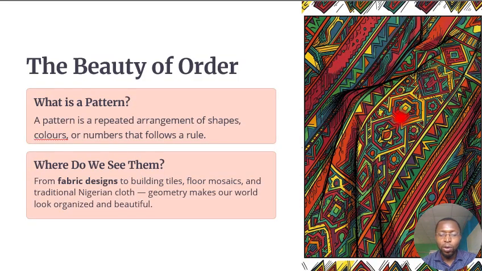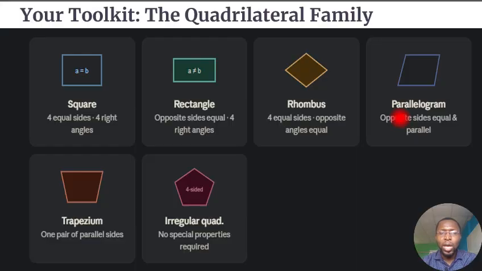Right? Okay, so we have the toolkit that we use in obtaining a pattern, and these are found in the family of quadrilaterals, such as the square, the rectangle, the rhombus, the parallelogram, the trapezium, and other irregular quadrilaterals.